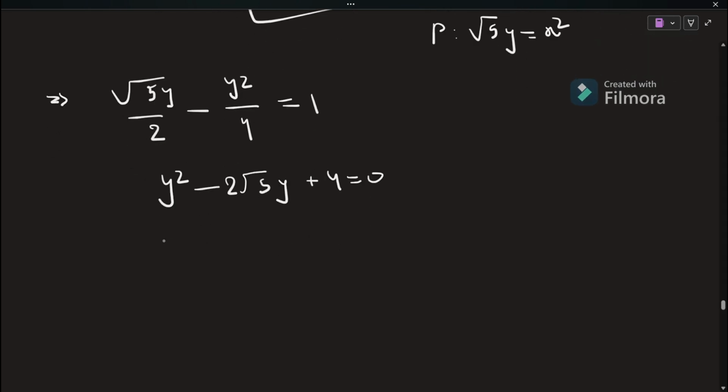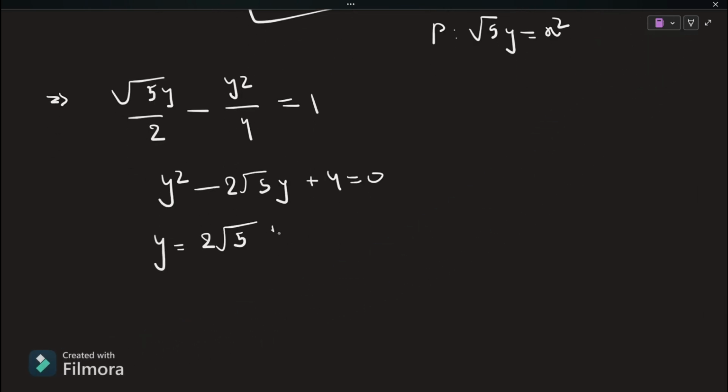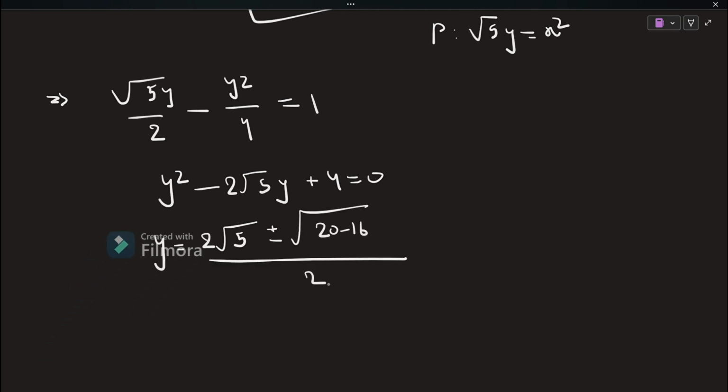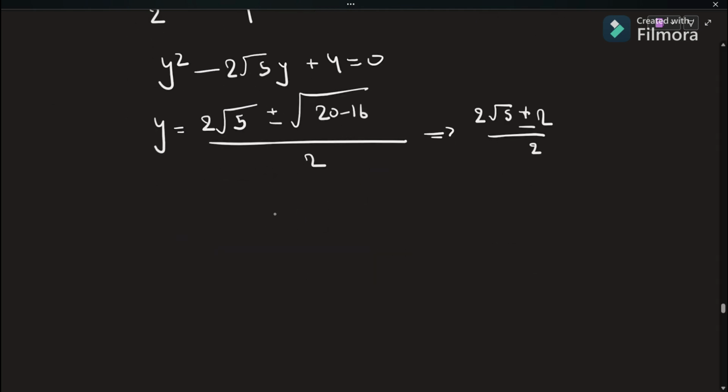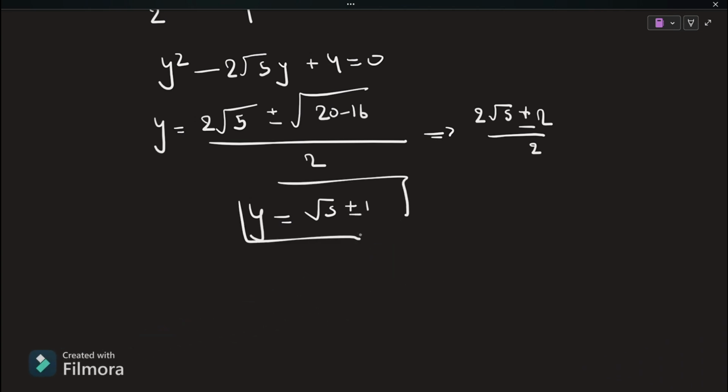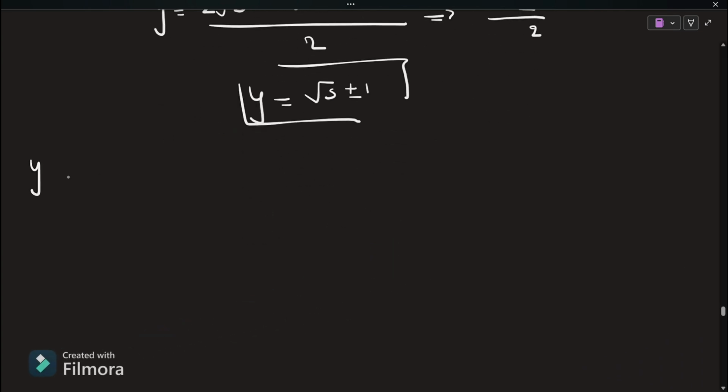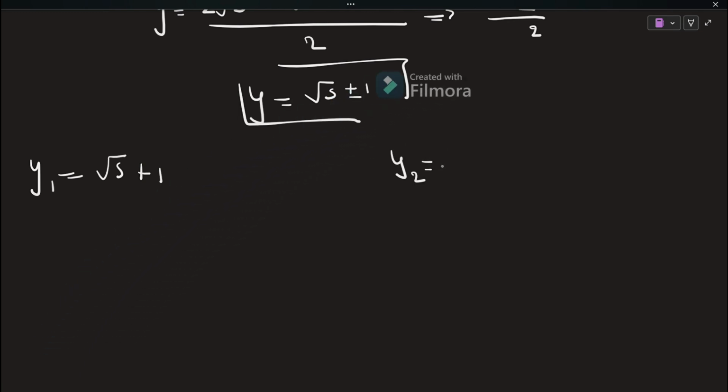So y equals (2 root 5 plus minus root 20 minus 16) by 2. Now 2 root 5 plus minus 2, by 2, and we get y equals root 5 plus minus 1. So y1 equals root 5 plus 1, and y2 equals root 5 minus 1.